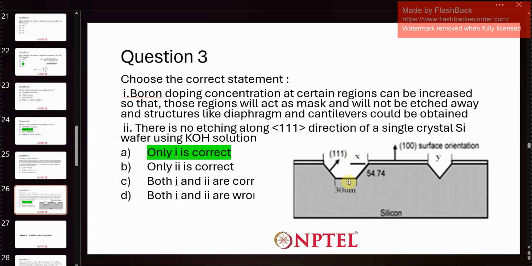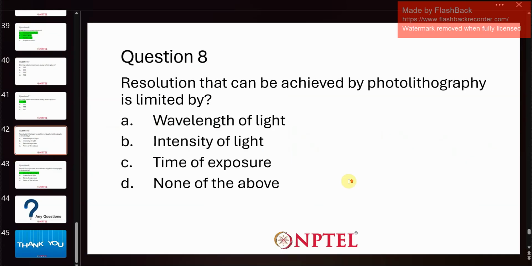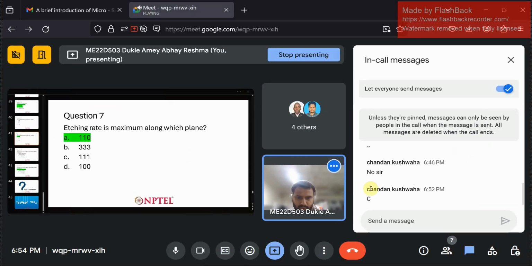That is why the etching is happening slower compared to the 110 direction. In the straight direction the etching is very fast, but in the cross directions where the 111 plane exists, the etch rate is quite slower. I hope I was clear with the explanation for this etch rate.